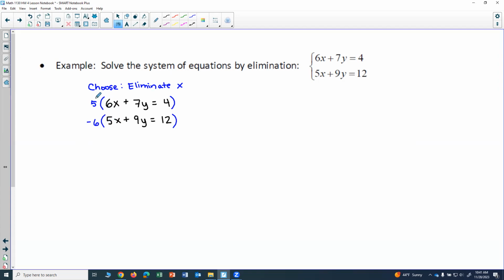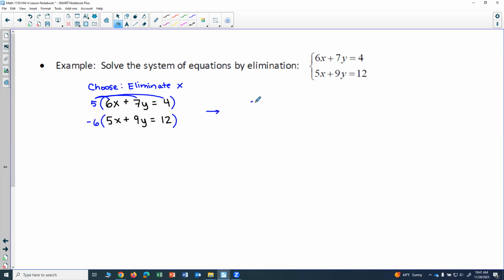So now I have to distribute, and that 5 gets multiplied to every single term in the equation. Remember, when you are working with equations, whatever you do to one side of the equation, you have to do to the other side of the equation to keep it balanced.